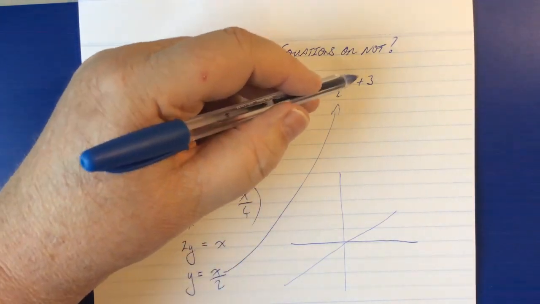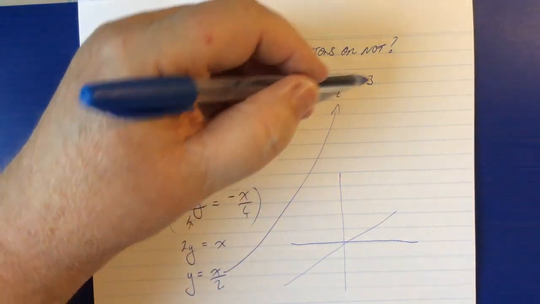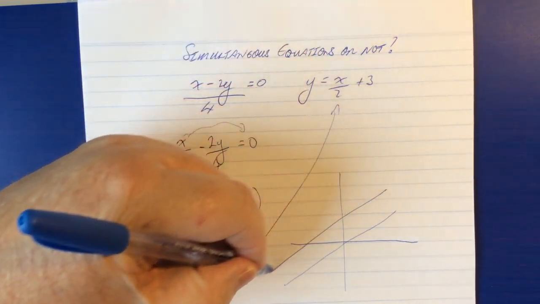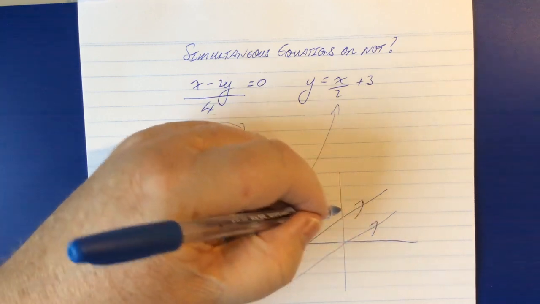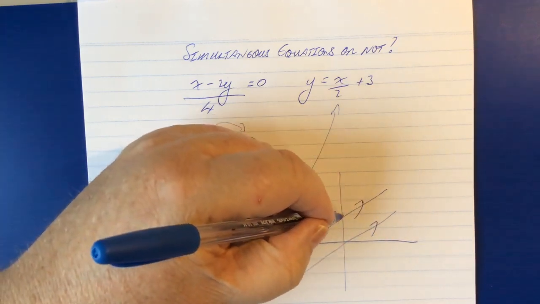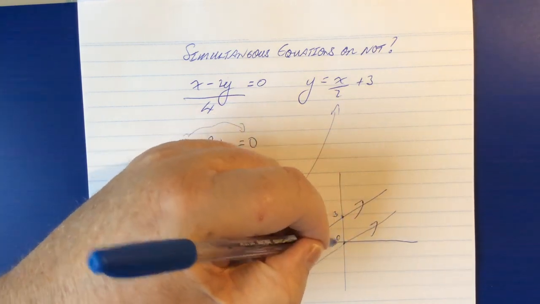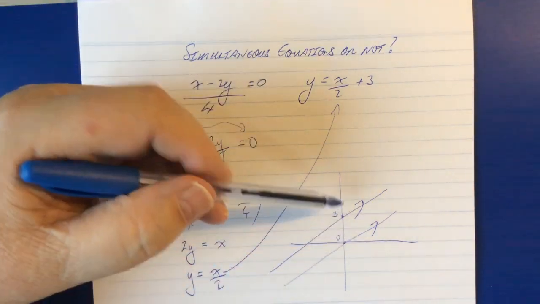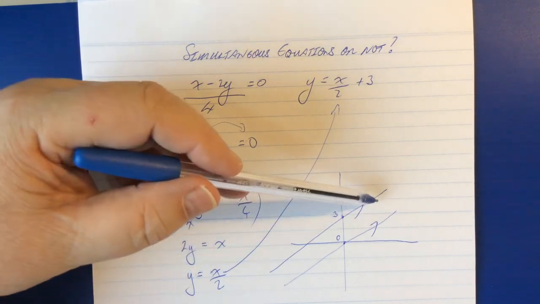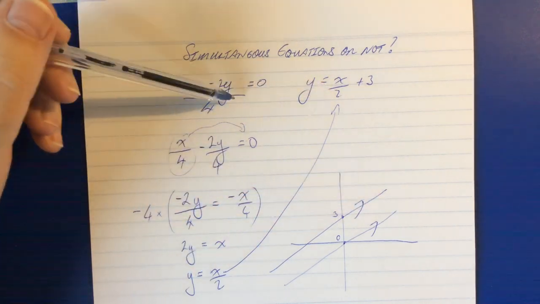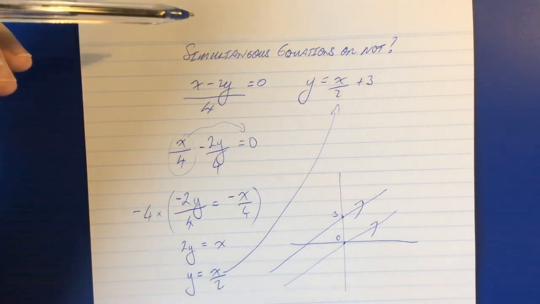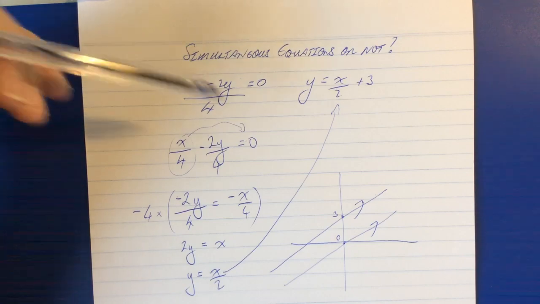Y equals x on 2 plus 3 would have the same gradient, and it would pass through 3. This is not to scale, but it would look something like this. And these lines would be parallel. So this point here would be 3, and this point here would be 0, but the gradients are the same. The lines are parallel, they never touch, and therefore these two simultaneous equations, if that's what you want to call them, have no solution for x or anything else. They don't touch each other.